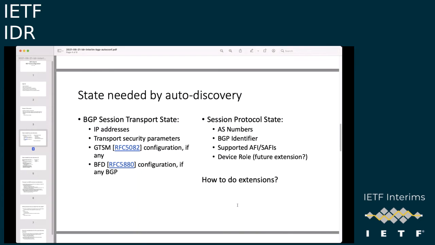Kara gave an example in LSOE about why they present the AS number in there. Would there be any objection to having some sort of hint that the session protocol state has been updated?